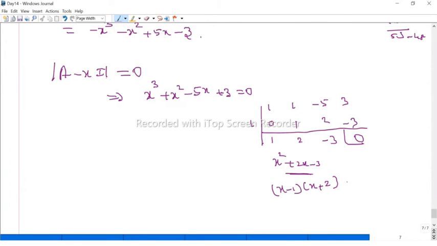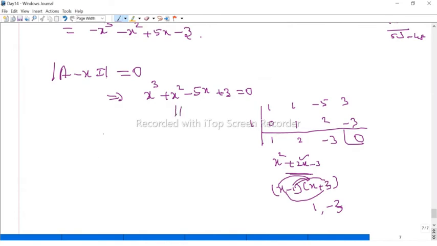So x minus 1 into x plus 3, correct? Because x into x square, this is plus 3x minus x, we get 2x, and then 1 into 3 is minus 3. Okay, correct.